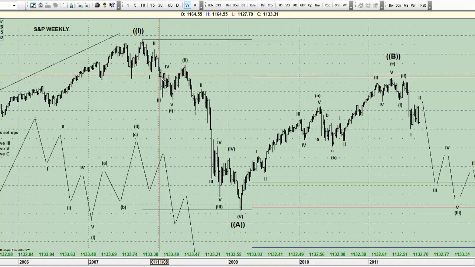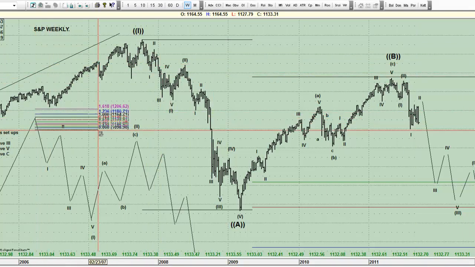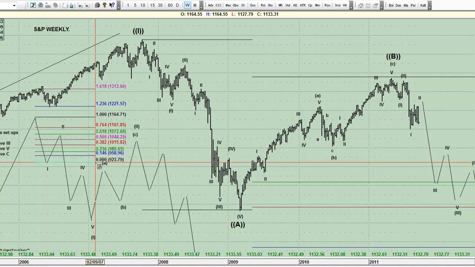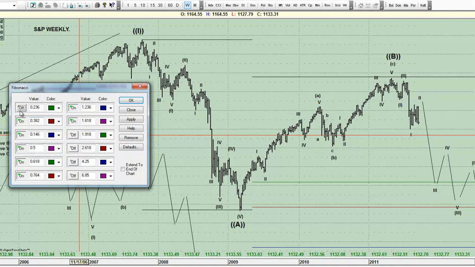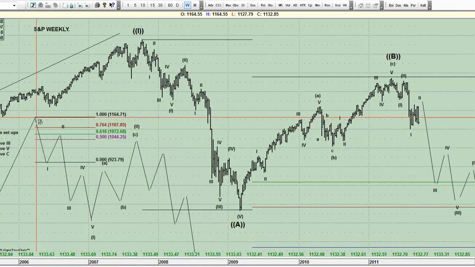So what do you do? You trace your Fibonacci right there, and then you have your defined risk. What is your defined risk? Nothing more than the top right here. That's gonna be your stop.